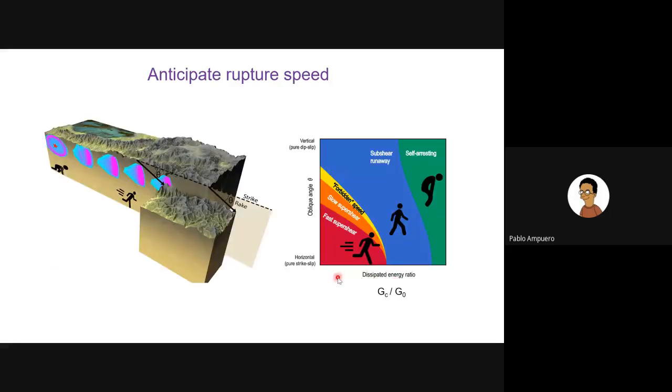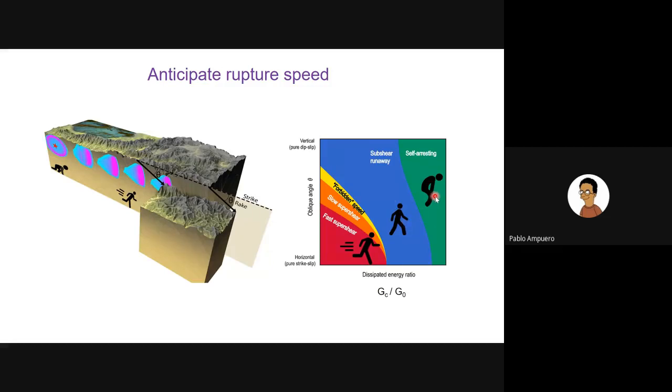So we obtain from that theory the following speed diagram. It shows, as a function of the ratio of dissipated to potential energy on the horizontal axis, and as a function of the rake, the oblique angle of slip, all the expected rupture speeds for steady ruptures. And we have here in green earthquakes that cannot propagate.